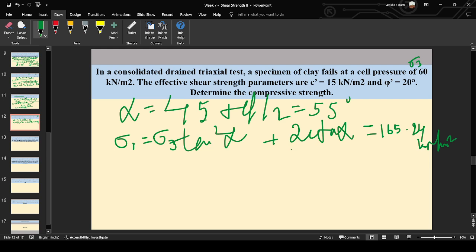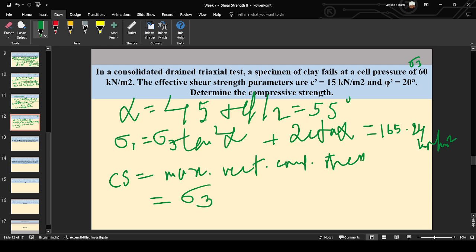Now, what is compressive strength? Compressive strength here means the maximum vertical compressive stress. That is the deviatoric stress, because we are asking to find only the axial one and not the lateral one.